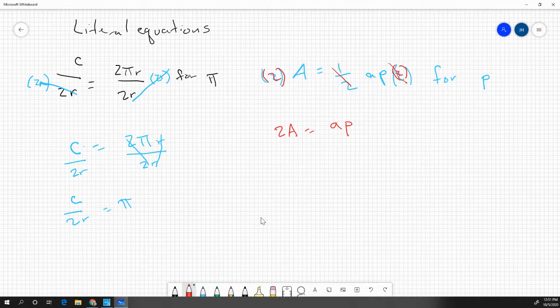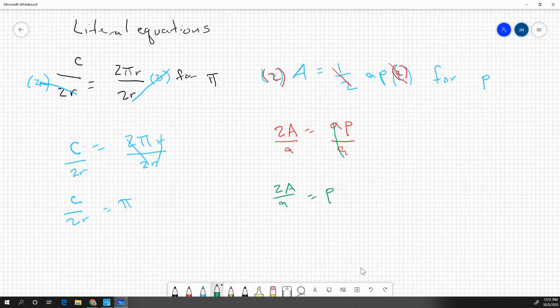So I can just go ahead and divide both sides by a. And I'm going to be left with 2a over little a equals, these cancel, p. And I've solved for P. I've solved the literal equation.